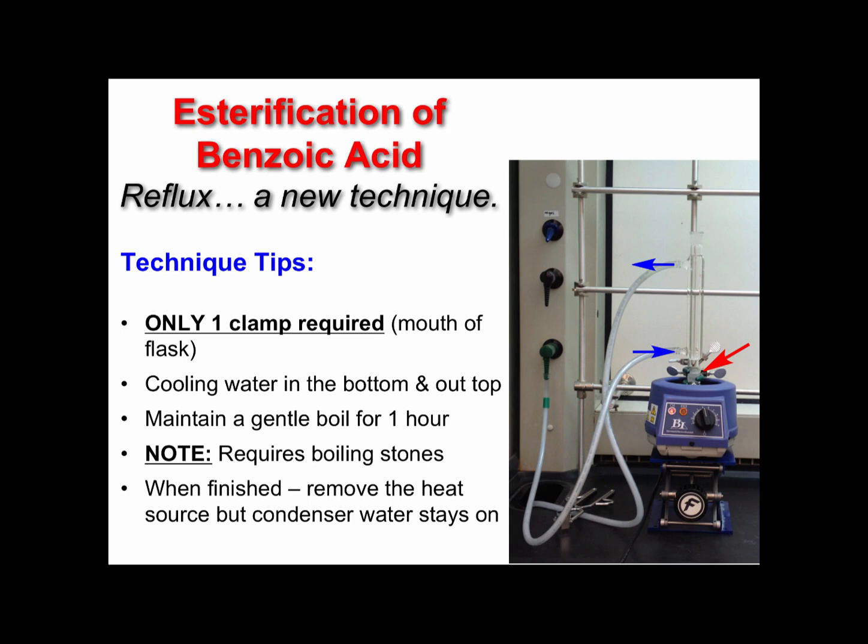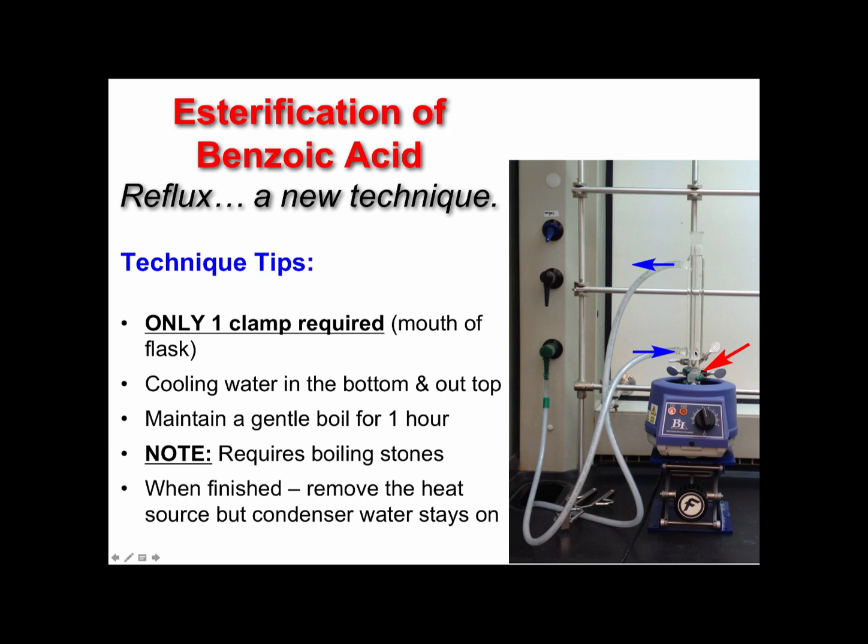One clamp right at the mouth of the round bottom flask, nice and tight, secure. Make sure you don't forget boiling stones, because this is a boiling reflux, so you're going to need boiling stones in there. What will happen is the methanol will boil, and it will come up the round bottom flask and into the condenser, and as soon as it hits the wall of the tube that has been cooled by the cooling water, those hot vapors collide with that cool wall, and they recondense.